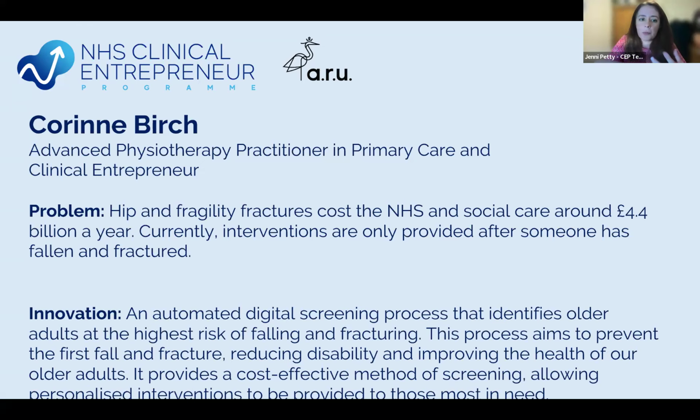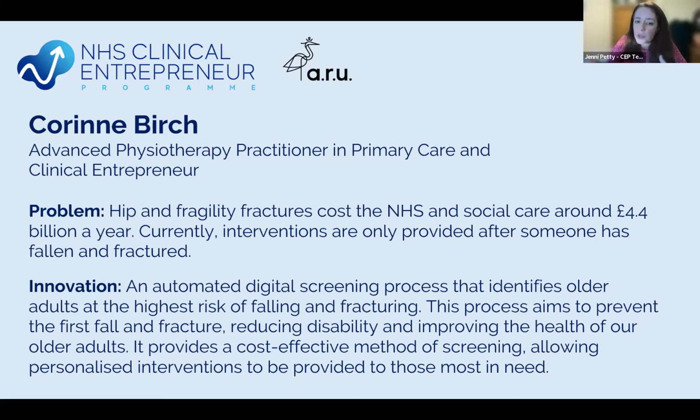In response, Corinne is developing an automated digital screening process that pinpoints the older adults at the highest risk of falls and fractures. The aim is to prevent it from happening in the first place, reducing disability and thereby improving the health of these older adults, through personalised intervention once they have been identified.